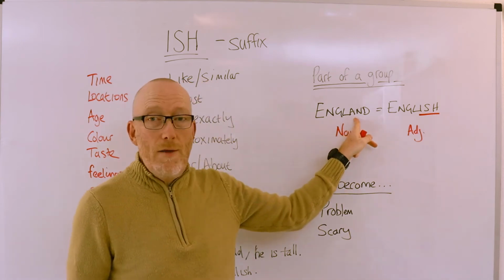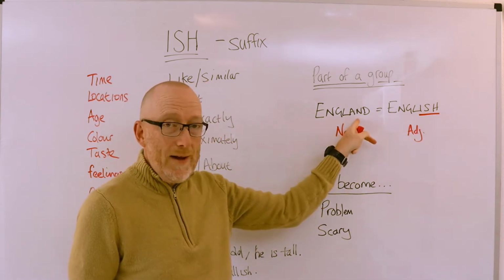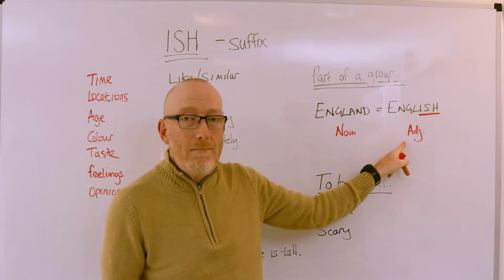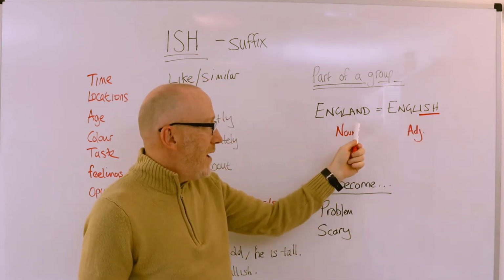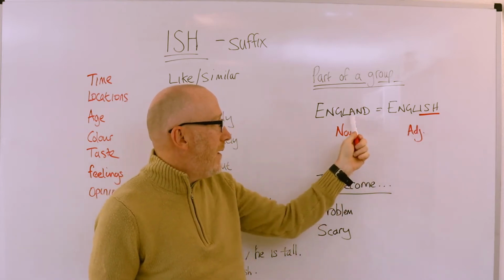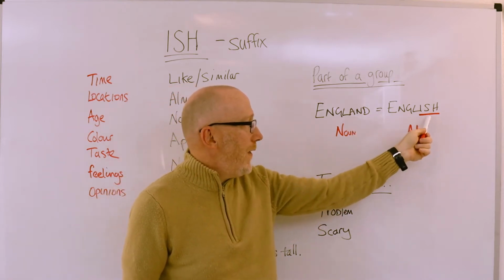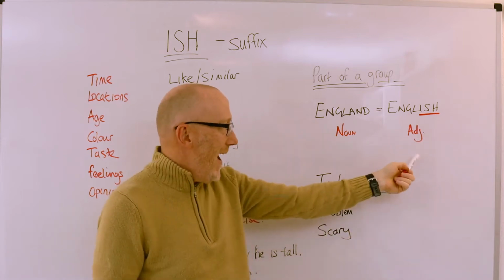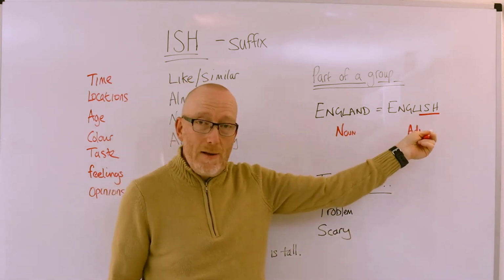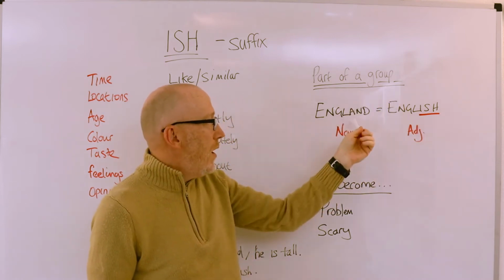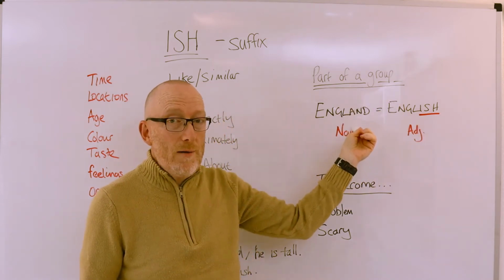I am from the place, the noun of England. So I am English. So we've basically taken the noun England and we've replaced the AND with the ISH to create the adjective form English, which means anybody who is English is part of a group of people that come from England.